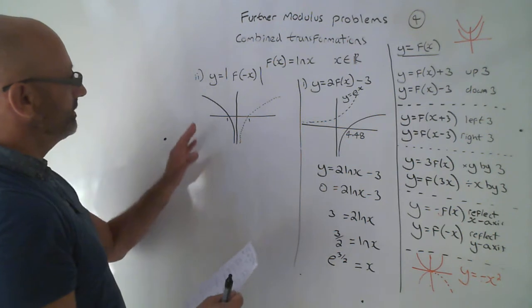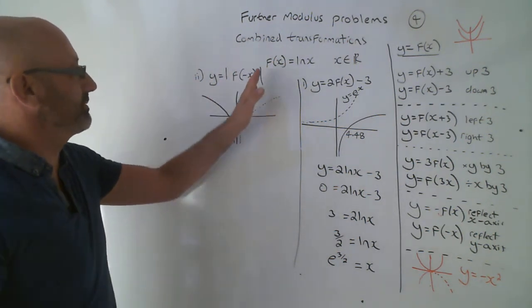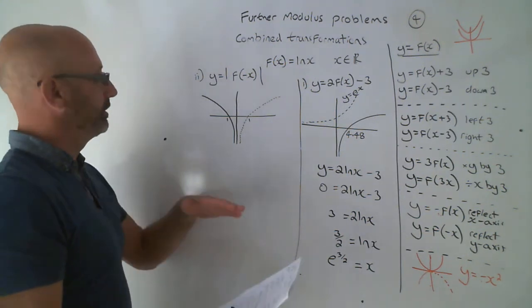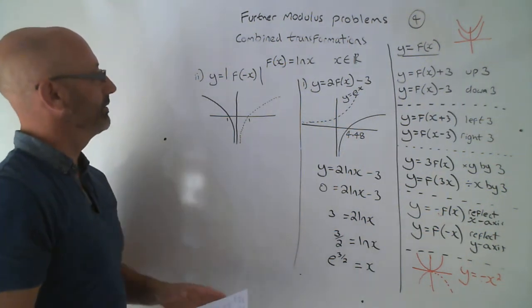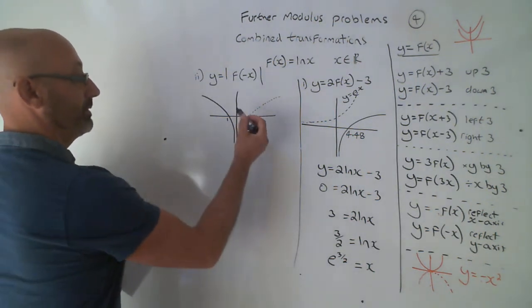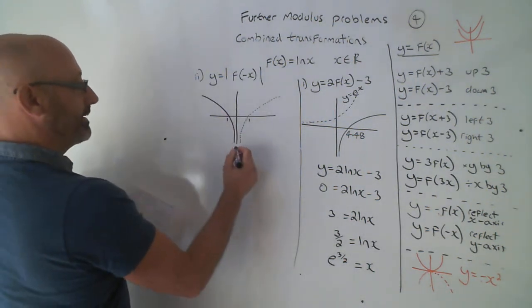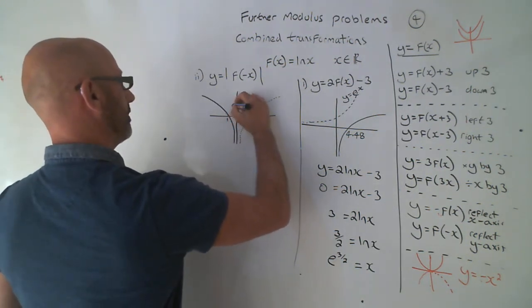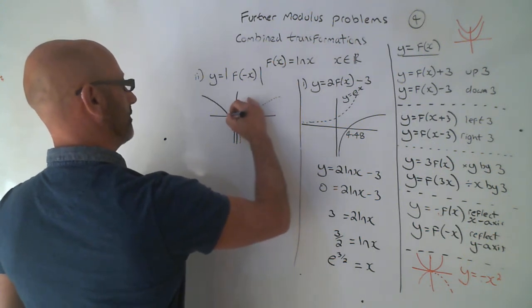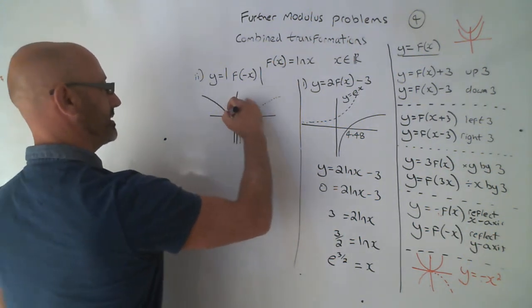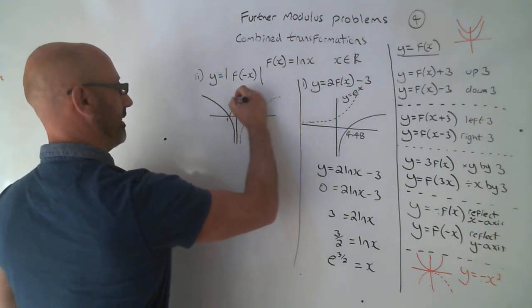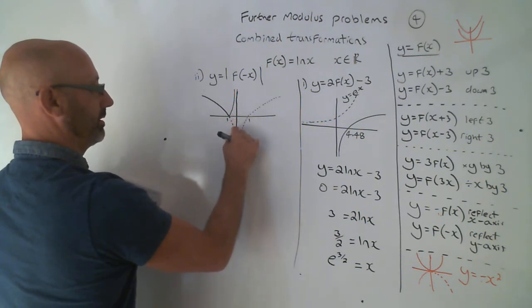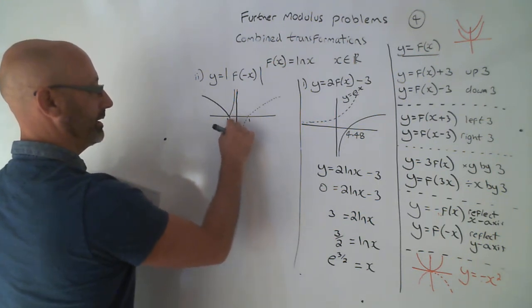Then the next part, well, we've got a modulus around the whole thing, and we learned earlier in the video that when it's around the whole thing, whatever is below the line gets reflected like this. It's easier to do this on the same picture. So that bit there is reflected up, like so.